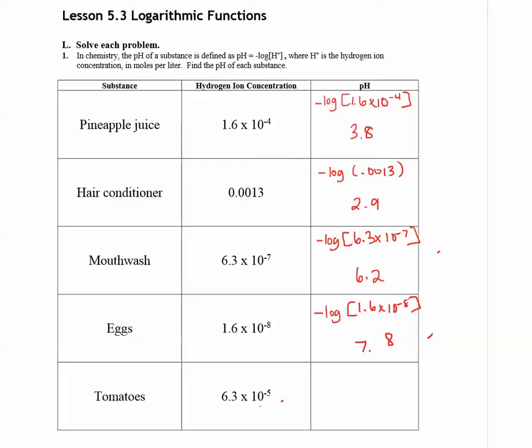Okay, and tomatoes, 6.3 times 10 to the negative fifth is their hydrogen ion concentration. So negative log of 6.3 times 10 to the negative fifth power. And that gives you a pH of 4.2.